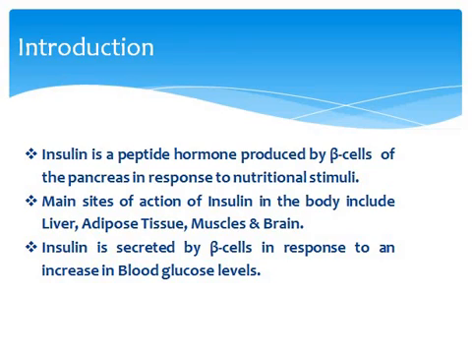First we will see the introduction. Insulin is a peptide hormone produced by beta cells of the pancreas and responsive to nutritional stimuli. Main sites of action of insulin in the body include liver, adipose tissue, muscles and brain. Insulin is secreted by beta cells in response to an increase in blood glucose level.